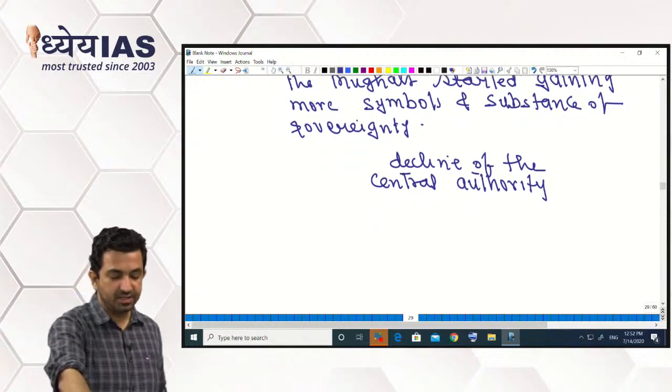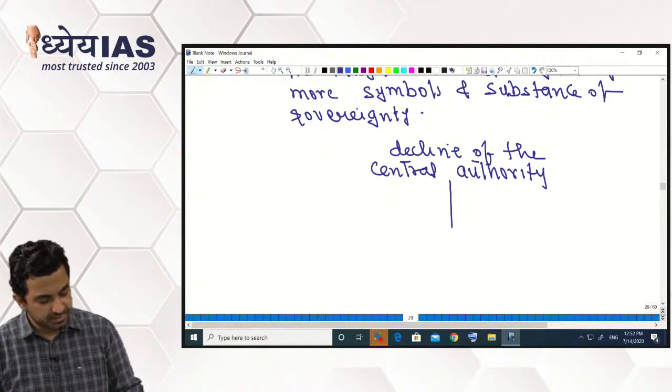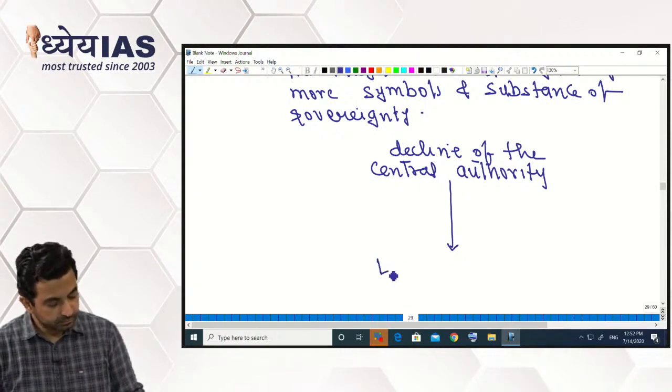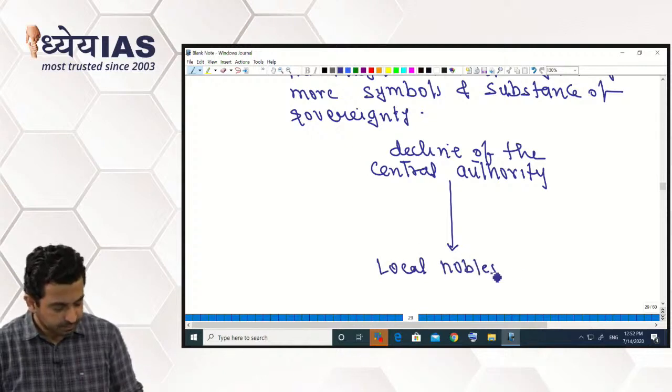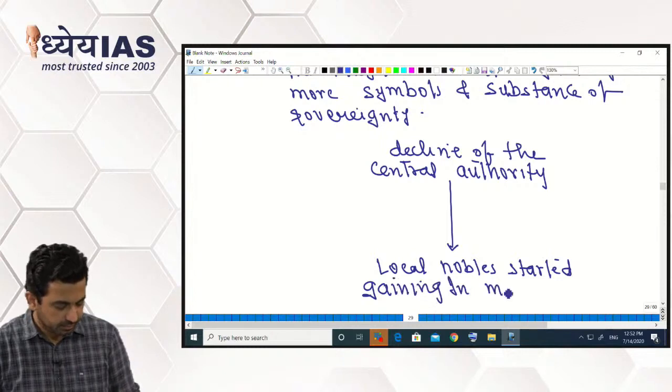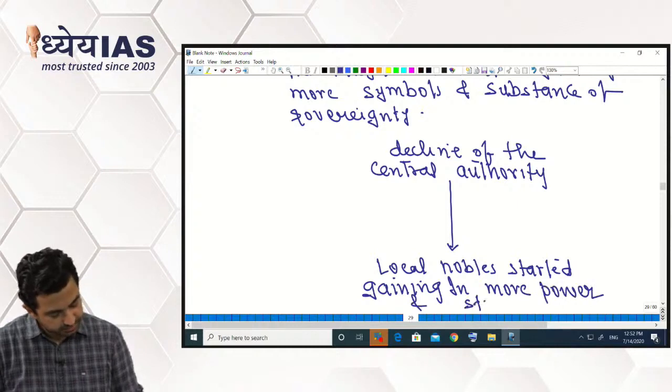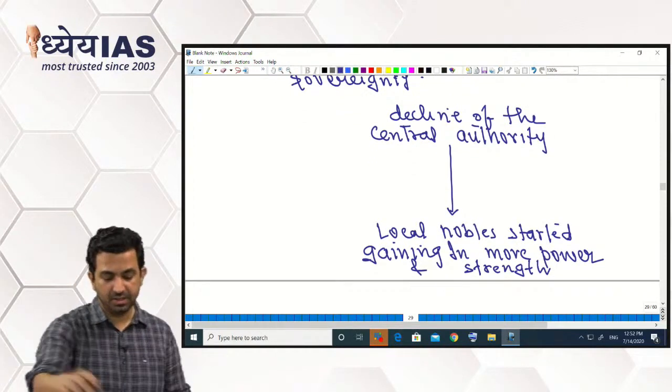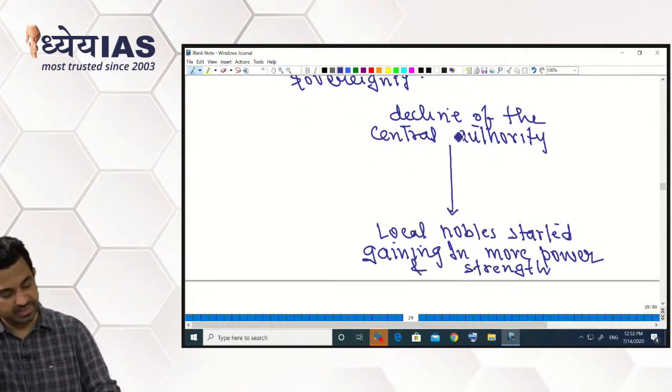Decline of the central authority, the Mughal central authority, directly means that local nobles started gaining more power and strength.